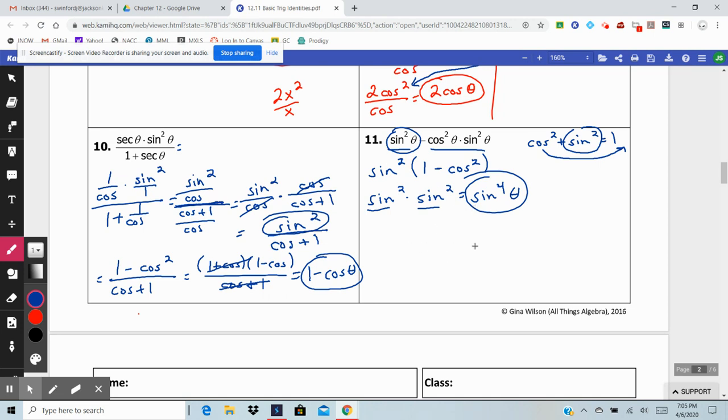You have only one trig function, just sines or just cosines in your answer, and it looks clean, it's fine. Just make sure that you're cleaning it up, it looks better in the end than what you started with, and that you have a single trig function, just cosines, just sines, just tangents, at the end.